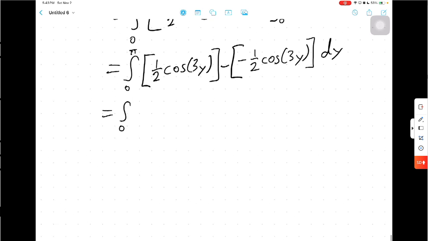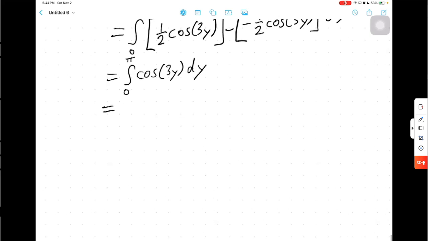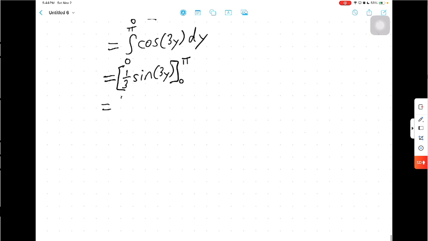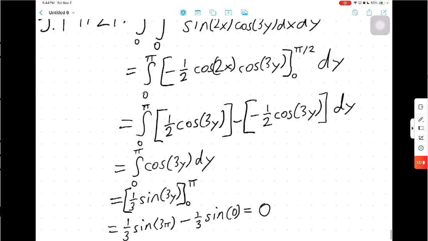Which means the integral from 0 to pi of cosine of 3y dy. This is going to be 1/3 sine of 3y evaluated from 0 to pi. 1/3 sine of 3 pi minus 1/3 sine of 0. Sine of 3 pi is 0, sine of 0 is 0, so it's just 0.